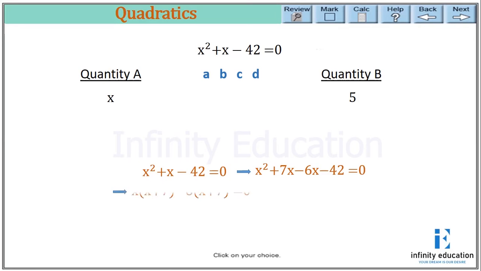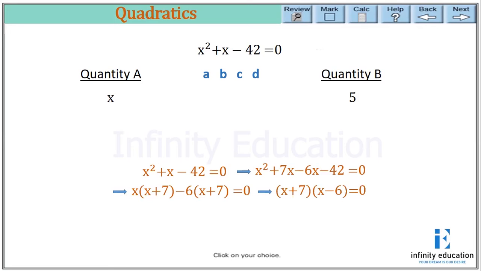Now if we take x common from the first two terms, we get x + 7, and if we take -6 common from the last two terms, we get x + 7. So we can rewrite this equation as (x + 7)(x - 6) = 0.